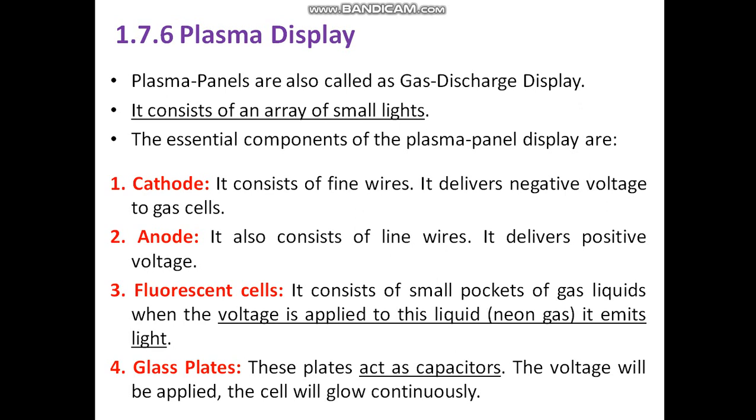The third one is the fluorescent cell. It consists of small pockets of gas.